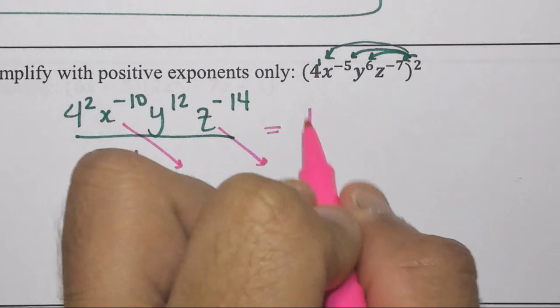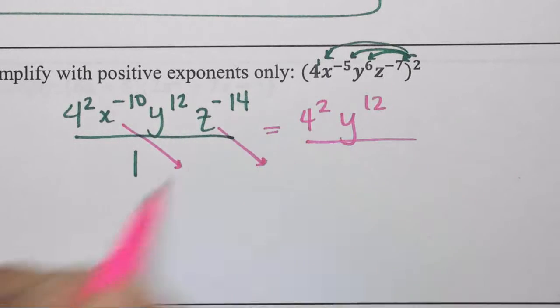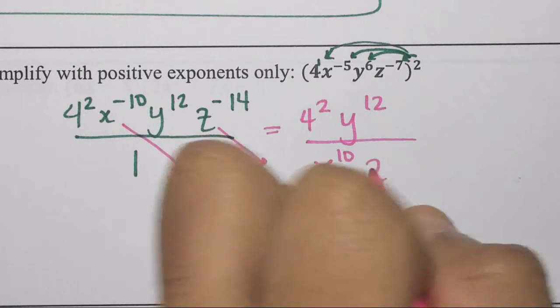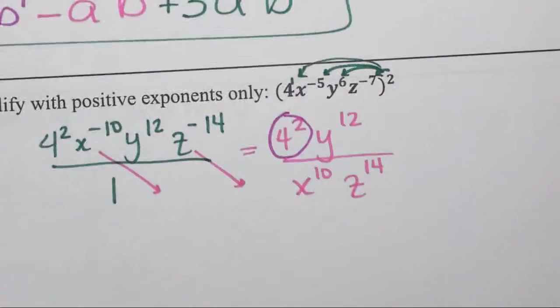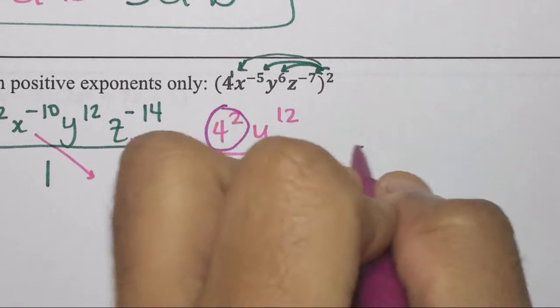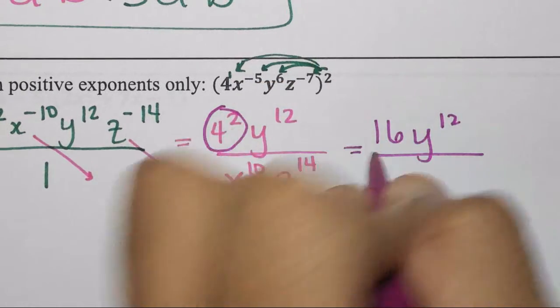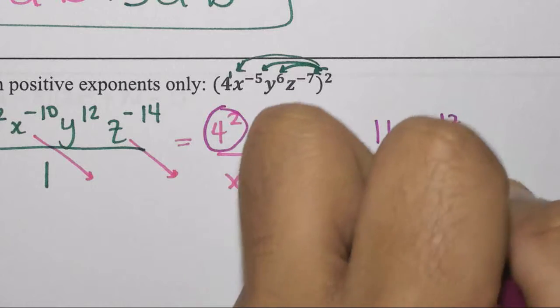So really you have 4 squared y to the 12th over x to the 10th z to the 14th. And the last thing you're going to do is take care of that 4 squared, because it's easy enough to say that it is 16. So you have 16 y to the 12th over x to the 10th z to the 14th.